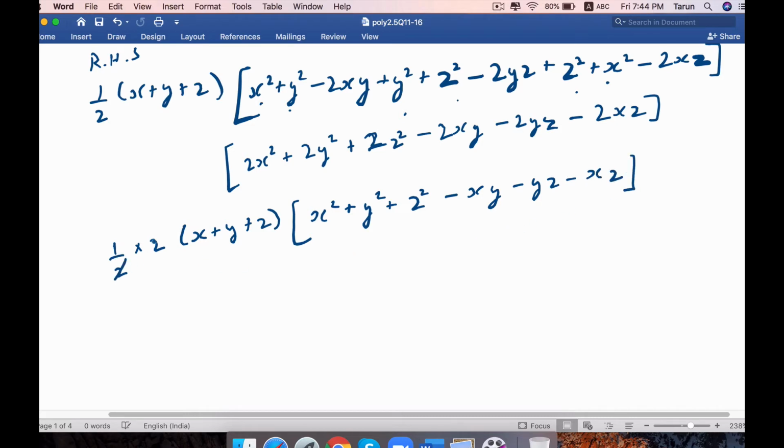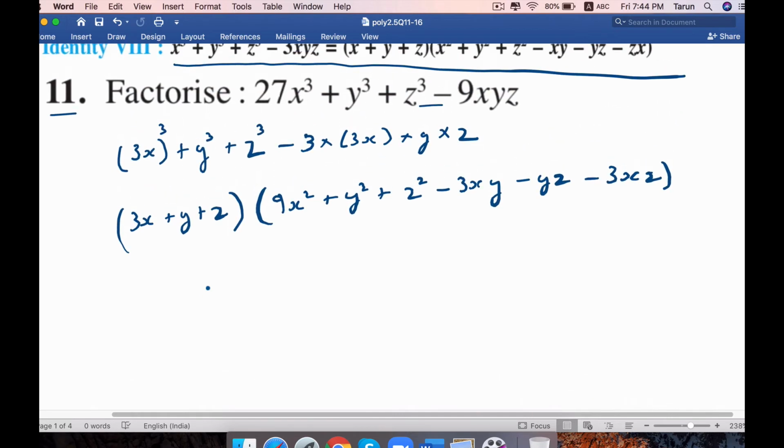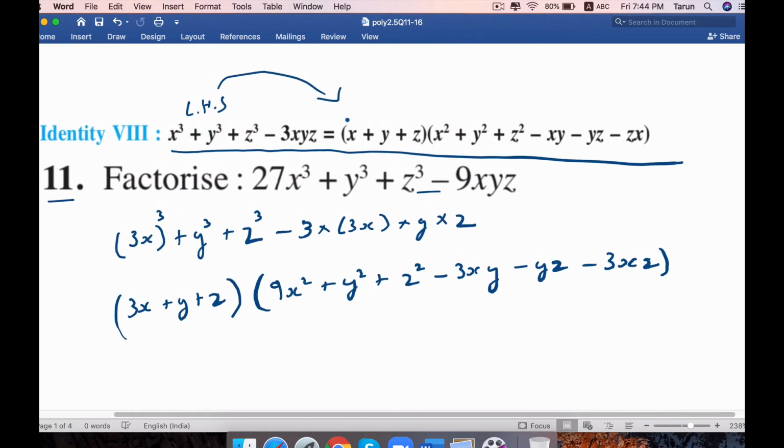Next, this and this will get cancelled. Now, if I carefully look at the first identity that we had written, if I have this, it automatically becomes the LHS.